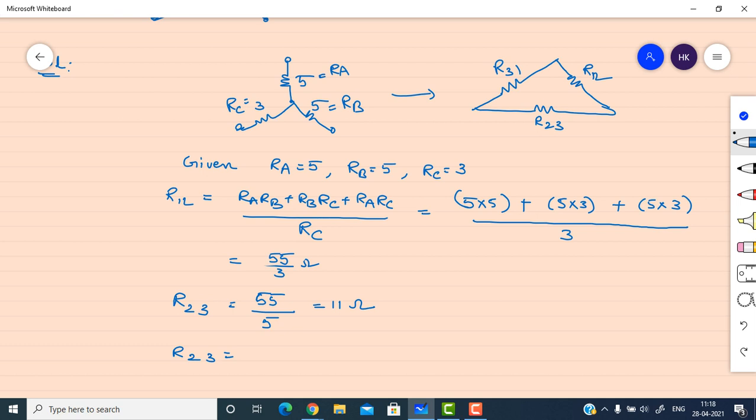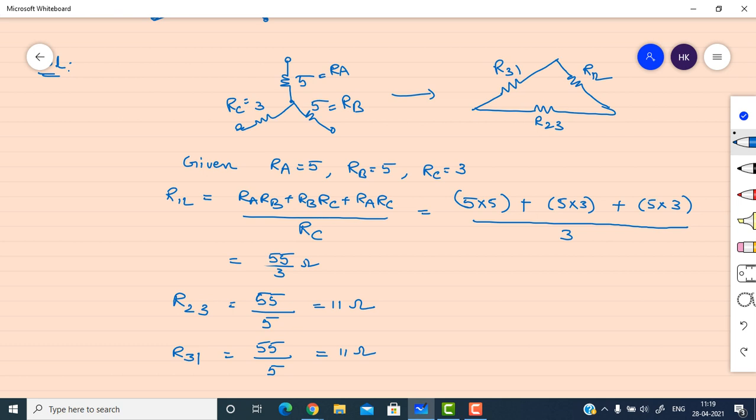Is it okay? Yes. Next, R31. Again the numerator is the same, 55 by the opposite resistance, which is RB. RB is again 5 ohms, so it is also 11 ohms. So delta to star conversion and star to delta conversion is over.